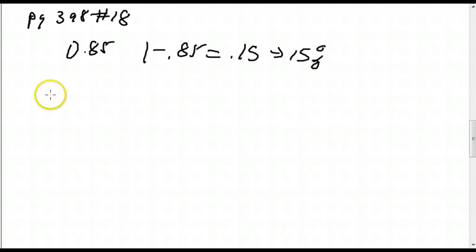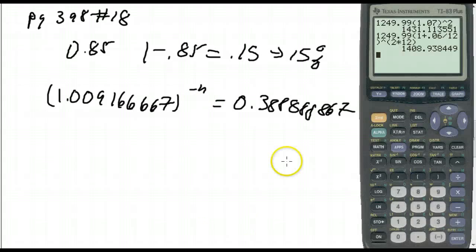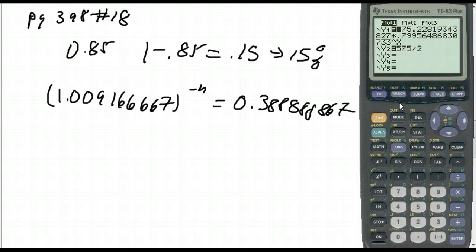But the payback question: 1.009166667 to the negative n is equal to 0.388888867. And n will be the time in months, so we want to figure out how long it will take to pay off. So we're going to have to enter these.